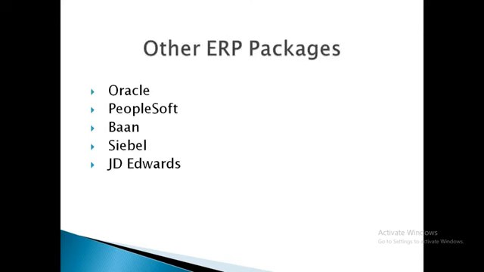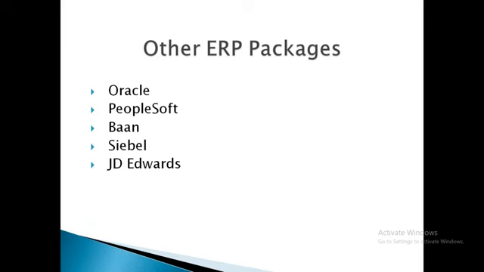And as I said, SAP is an ERP package. We have other ERP packages available in the market: Oracle, PeopleSoft, Baan, Siebel, JD Edwards. But why is only SAP famous? The reason is SAP has a solution for all the departments in an organization. We can give a solution for the total enterprise, total company, total organization, because we have a solution for each and every department.